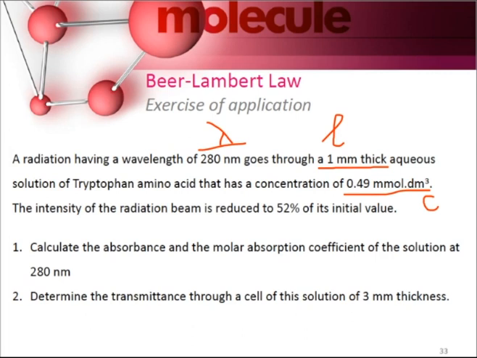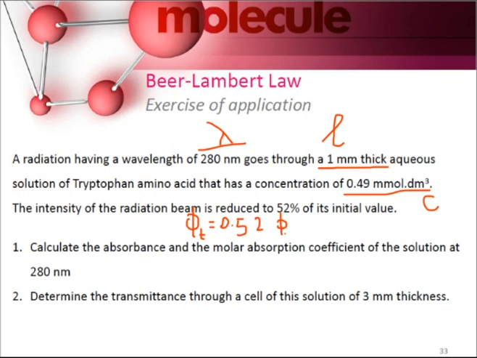Then, one additional piece of information: the intensity of the radiation beam is reduced to 52% of its initial value. Which means that the final value, phi transmitted, is 0.52 of the initial phi 0.